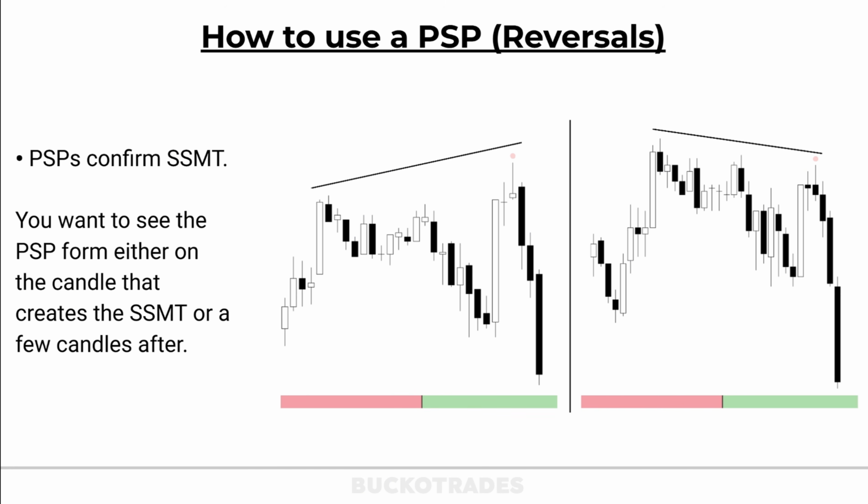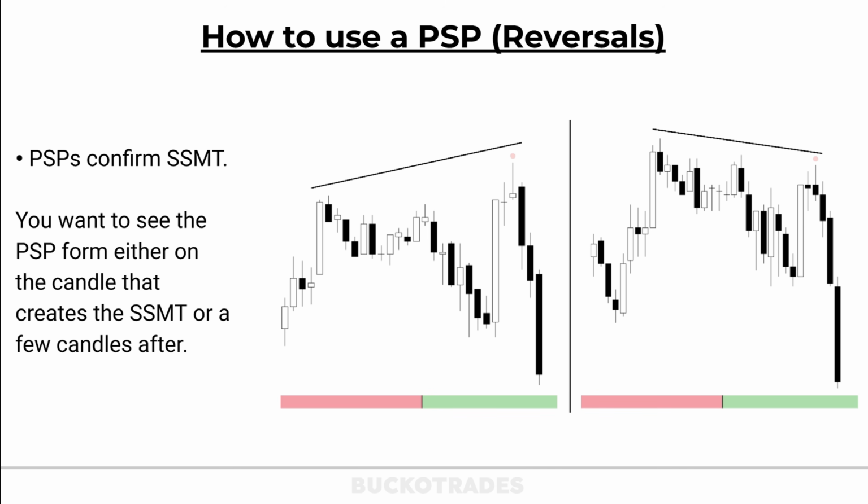You want to see a PSP form either on the candle that creates the sequential SMT or a few candles after. If you don't know what a sequential SMT is, I'd suggest you go watch the previous video as I explain exactly what it is. Just for a quick summary, as you can see in the example to the right, we have two closely correlated assets, and an SMT occurs between those two consecutive quarters.